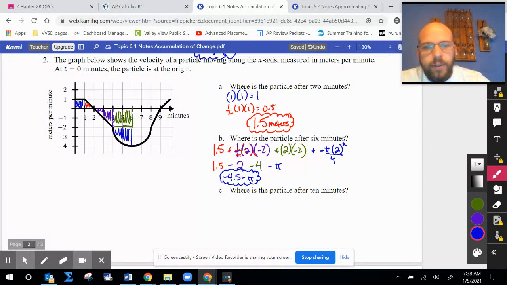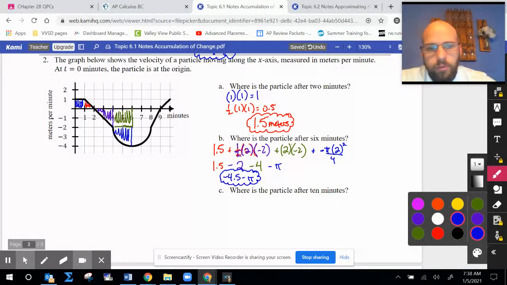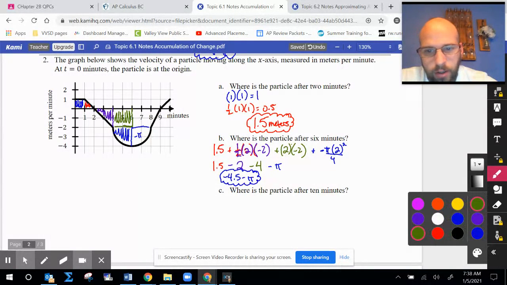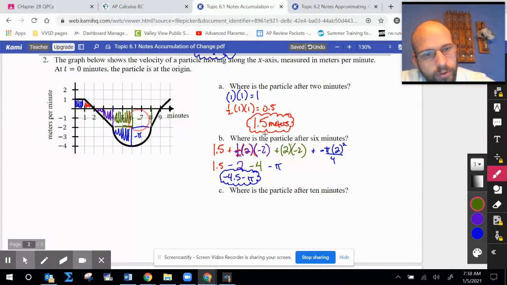So we're going to do the rest of this. So if I were to put this quarter circle on, I'm pretty sure that this would also be a negative pi. This square would also be a -4. But I have a little triangle there that I'm going to have to figure out. So this triangle, 1/2 base times height, right, would be a -1.